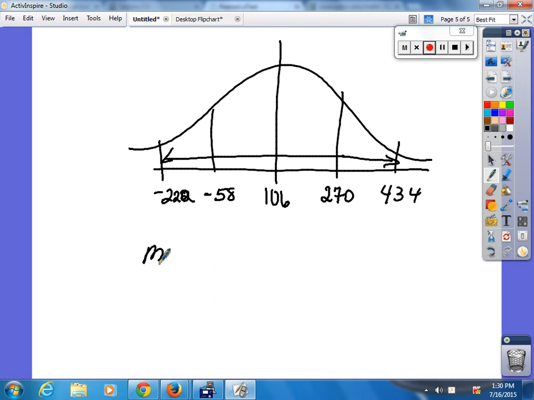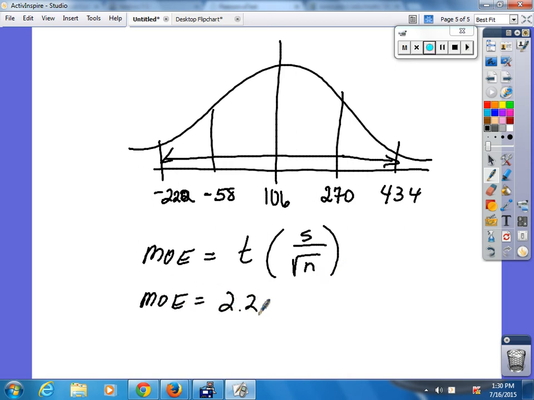All right, so T. Let's find our margin of error. Margin of error is equal to T times S over the square root of N. So we already said that's going to be 2.201 multiplied by the standard deviation, 164 point what? And what is N?